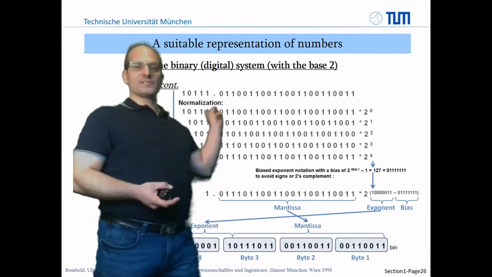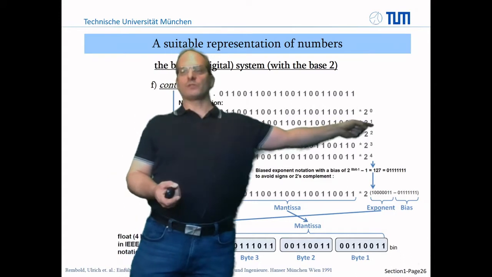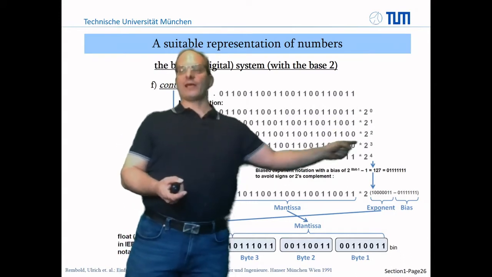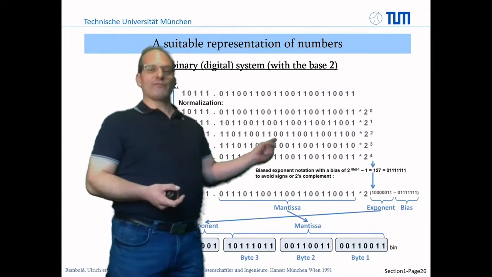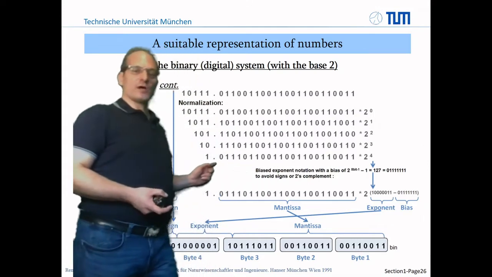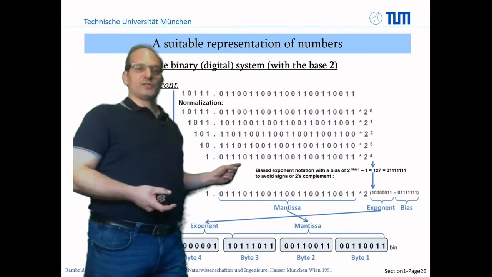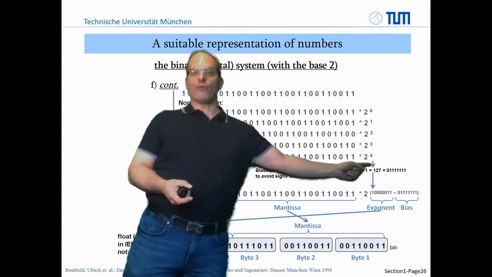So in the first setup we multiply by 1, in the next setup by 2, 4, and so on. So if we normalize this, we'll get this setup, 1.01 and so on, multiplied with 2 to the power of 4.